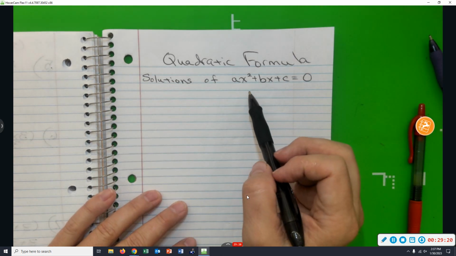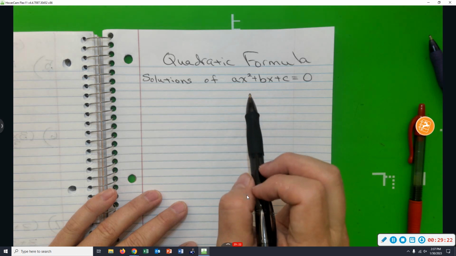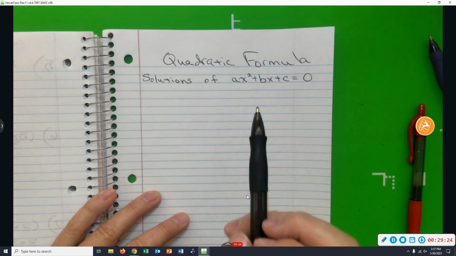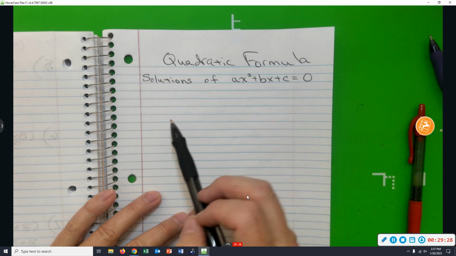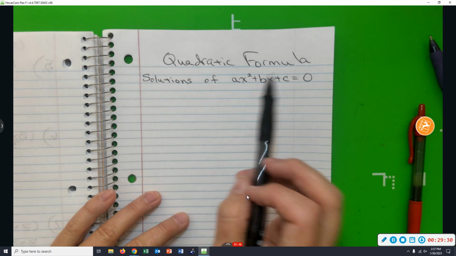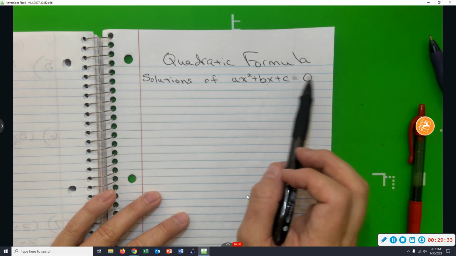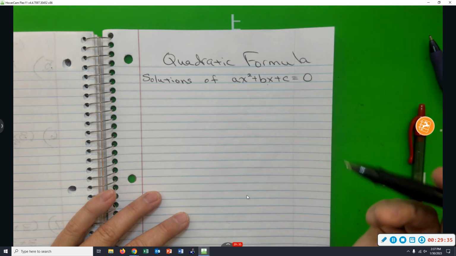Notice, to use the quadratic formula, the equation has to be written the same way that it is when you're factoring. It's got to be in descending order, starting with the x squared, then the x, then a constant, and it has to equal 0.